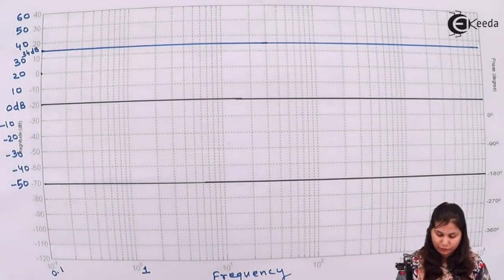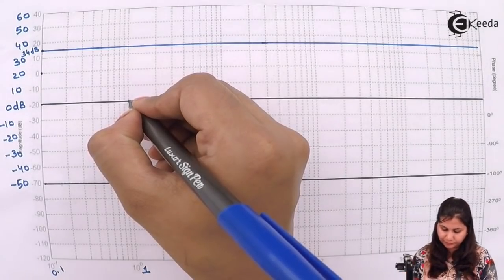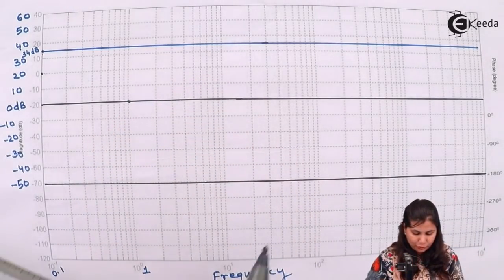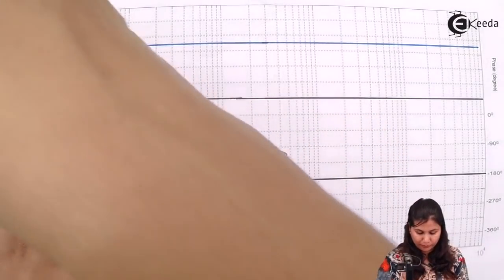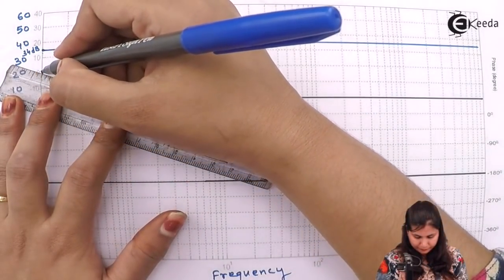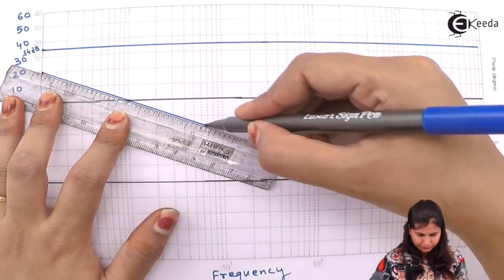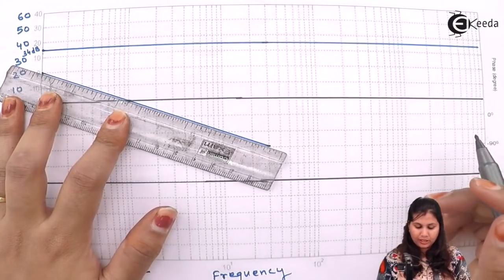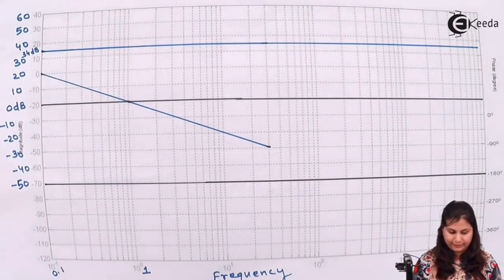So at omega equals to 1, this straight line is going to pass from here, having minus 20 dBs per decade. Minus 20 means negative slope. Okay, this is how we are going to represent the factor 1 by s.